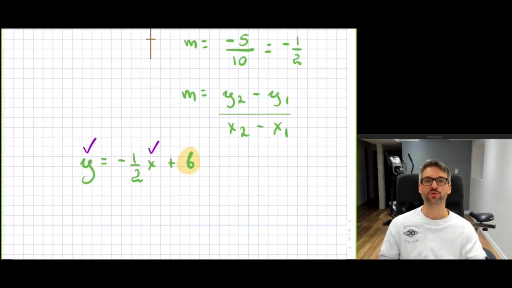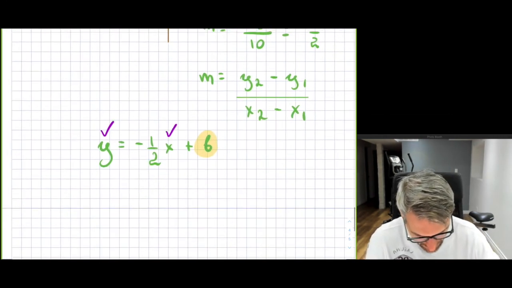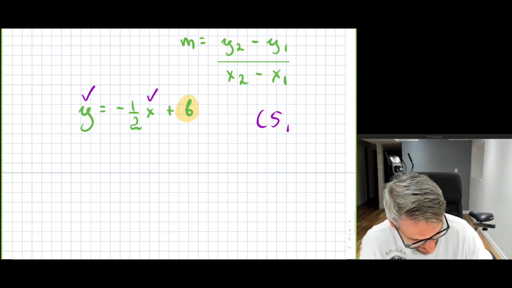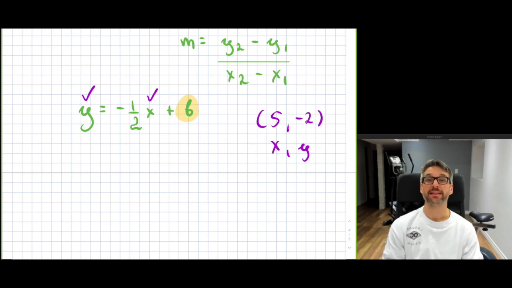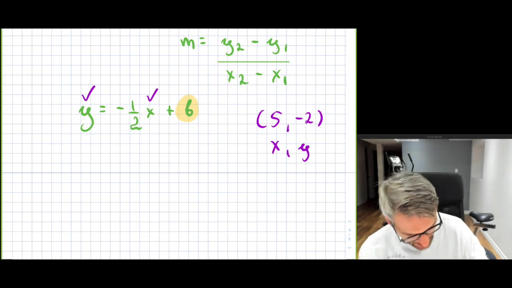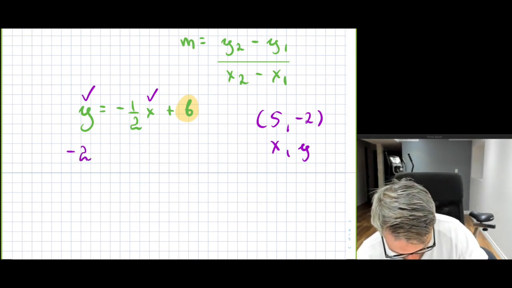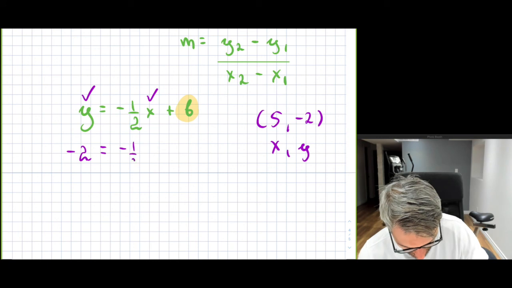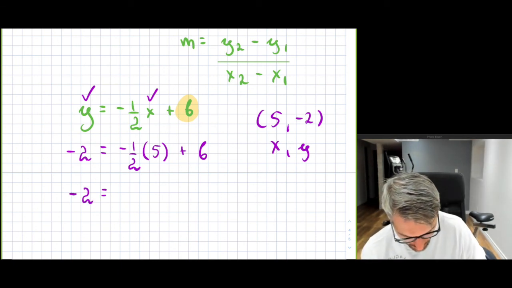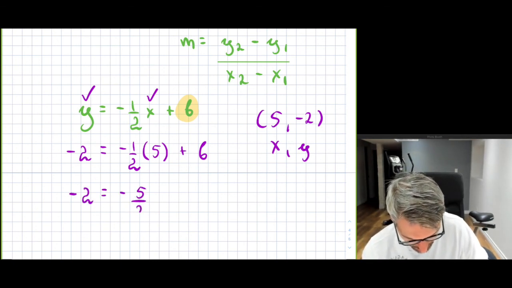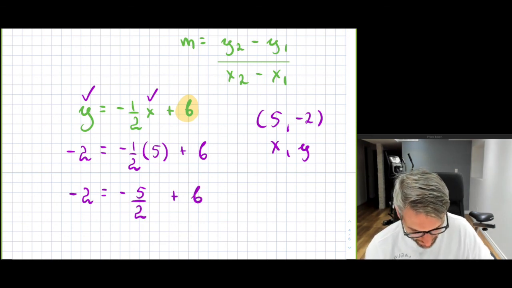Which point you choose is up to you. So let's choose one of them. So 5 and negative 2. So again, that's your x and your y. And let's substitute it into the equation and solve for b. So this is negative 2 equals negative 1/2, and then your x is 5, plus b. So now solving this, negative 2 is equal to negative 5 over 2 plus b.